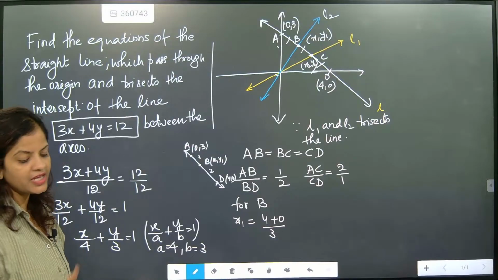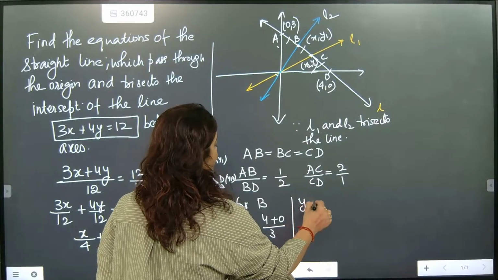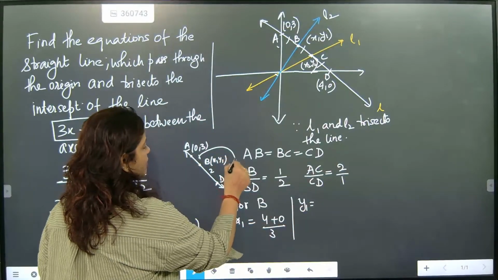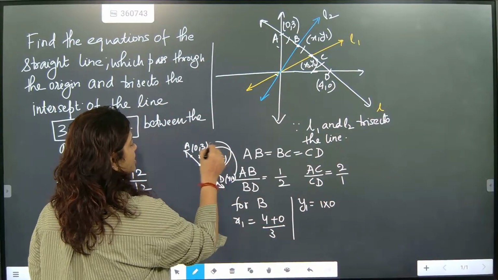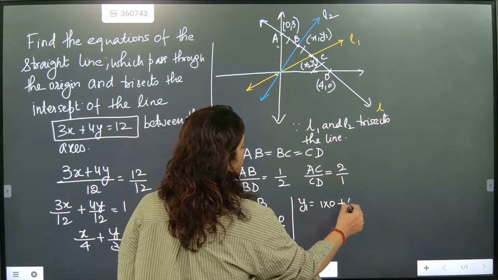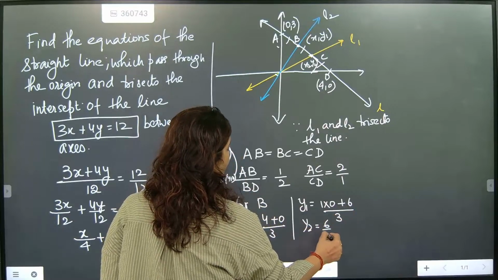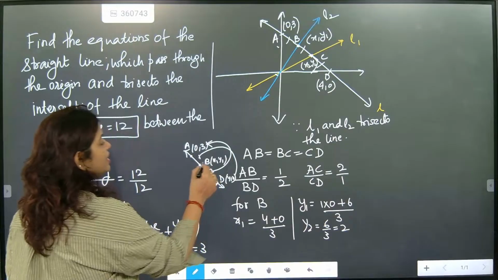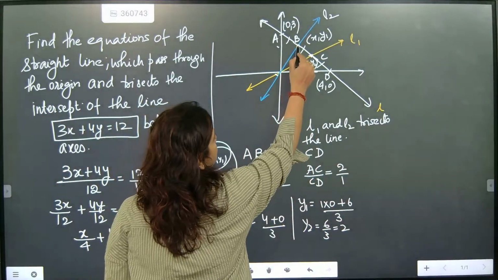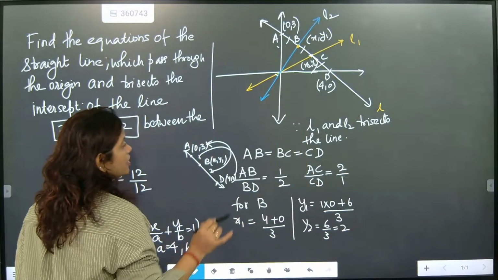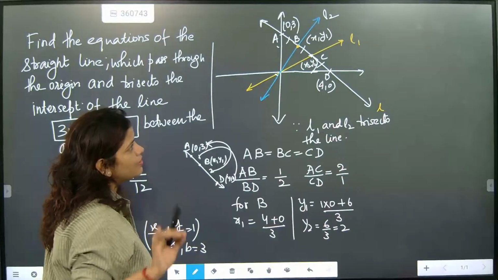Now y1 value: 1 will multiply with 0, so 1 into 0, and then 2 will multiply with 3. So 2 threes are 6 by 3, so y1 is equal to 6 by 3, that is 2. So what is your B point? B point value is coming as, directly we can write the equation because 1 point we got.